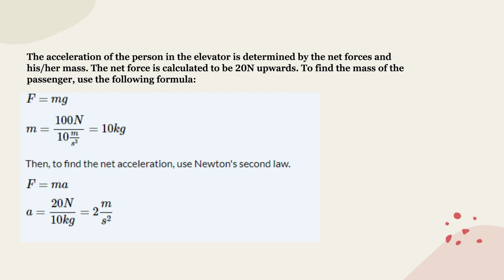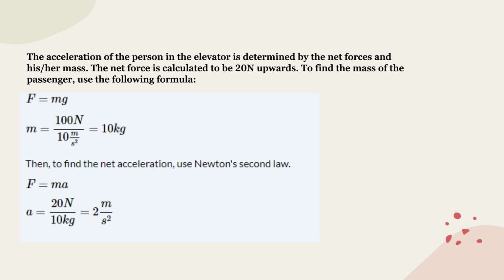The net force is calculated to be 20 Newton upwards. To find the mass of the passenger, use the following formula. So first we will use the first formula to get the mass, and second, we'll use the other formula to get the acceleration. We remember that what we want is A. We can't find the acceleration without the mass.